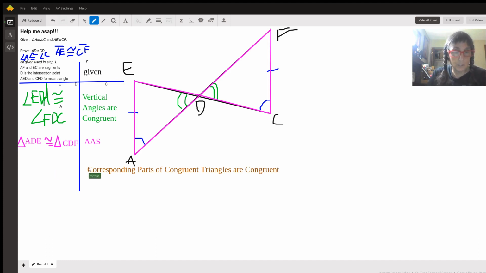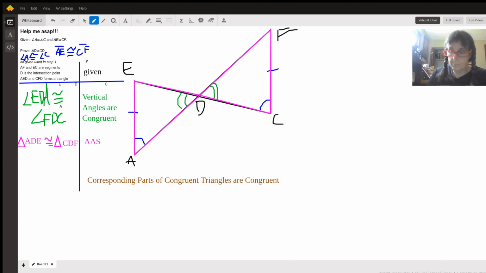And you usually see that written as CPCTC. Now, notice that, what are we proving? AD. AD is the segment between the blue arc and the two green arcs.